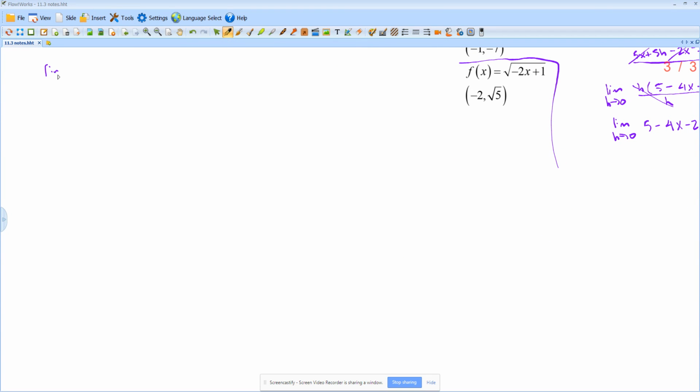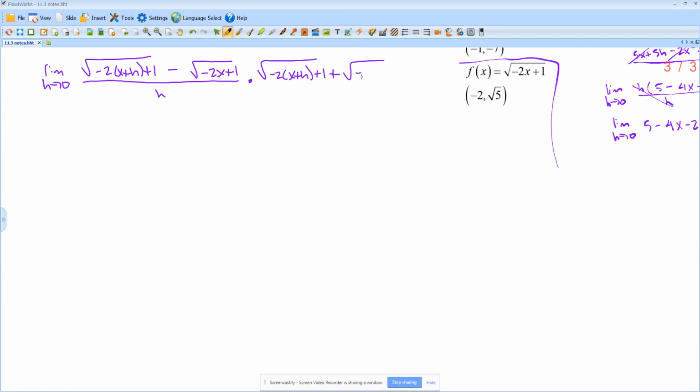We have the limit as h approaches 0 of square root of negative 2x plus h plus 1 minus square root of negative 2x plus 1, all over h. So we're going to have to multiply by the conjugate in order to rationalize this. Square root of negative 2x plus h plus 1 plus square root of negative 2x plus 1, over the square root of negative 2x plus h plus 1 plus square root of negative 2x plus 1.